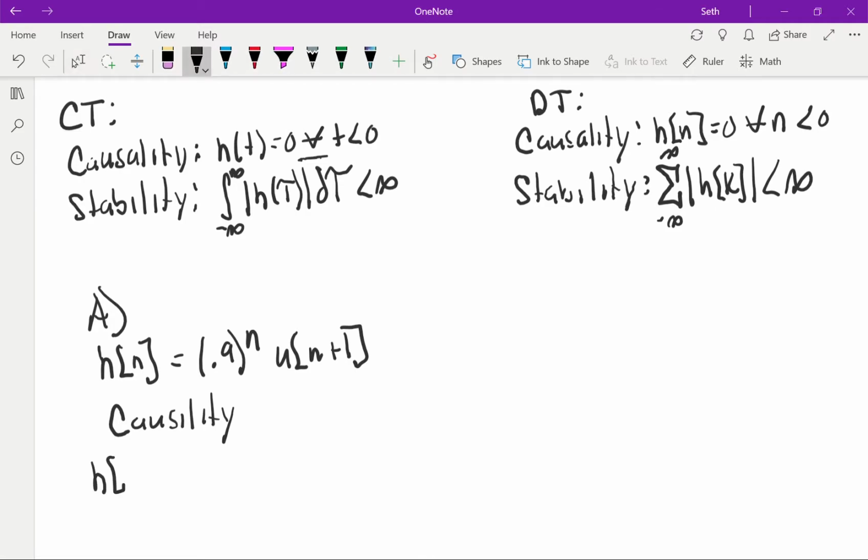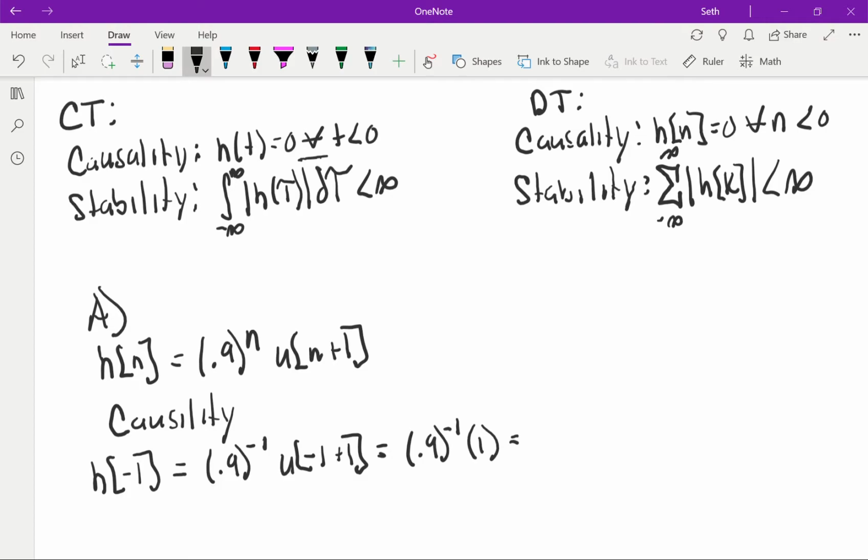So we'll try -1. h of -1 is equal to 0.9 to the minus 1 times u of -1 plus 1, which equals 0.9 to the minus 1 times u of 0, so that's equal to 1.